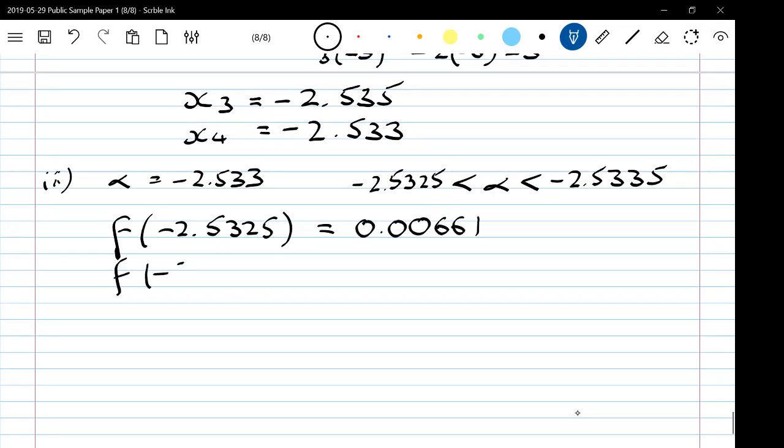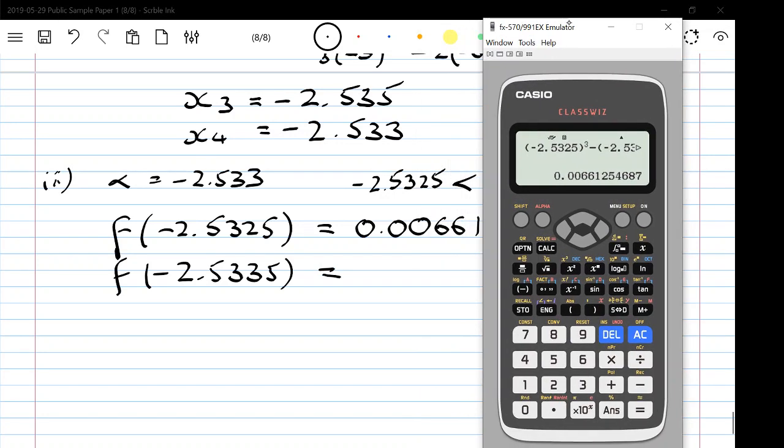And f of minus 2.5335. Just irritating to have to do all of this, isn't it? Anyway, we'll go back and do that. So I'm going to change, I'll go from the start, I think. Right. So that wants to be a 3. And so does that.